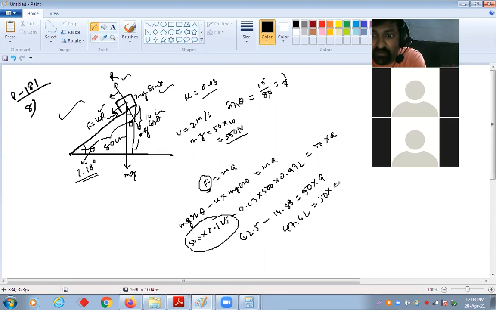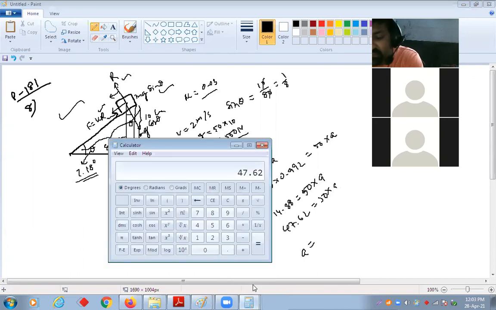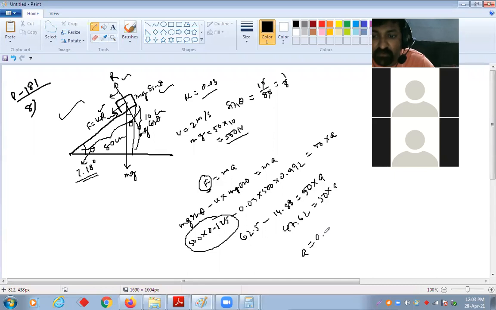So the a value will be 47.62 divided by 50, that means 0.95 meter per second square. This is the value of acceleration we got.